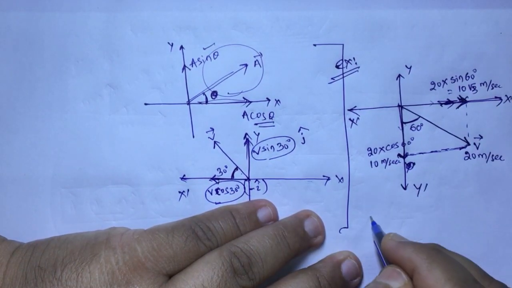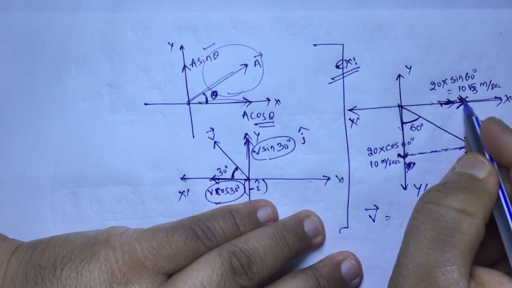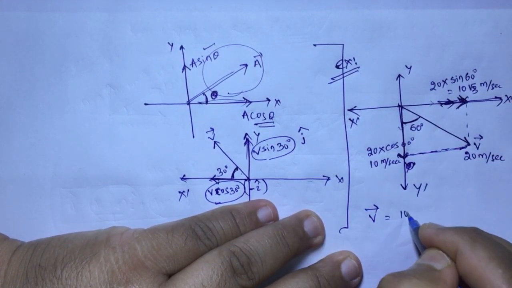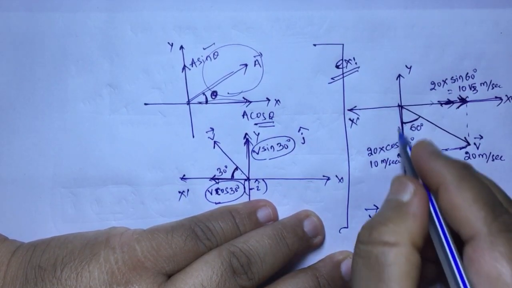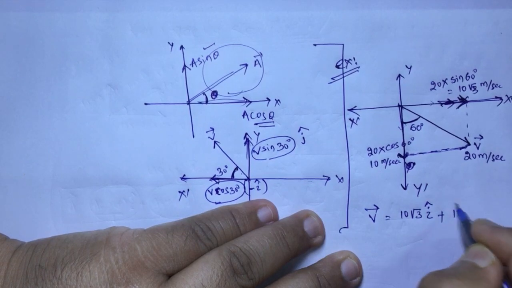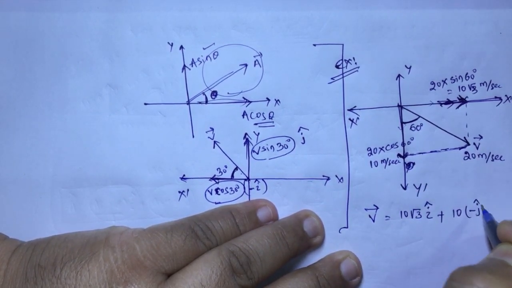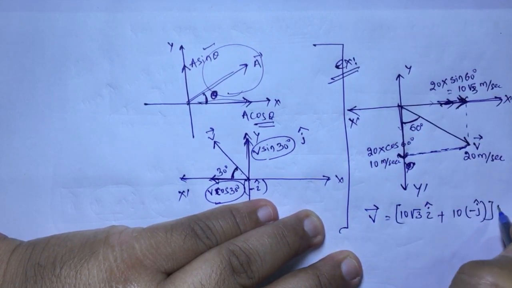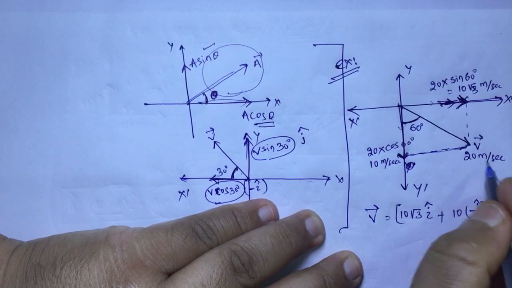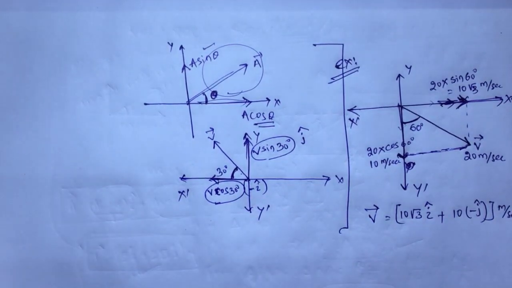So if I write v vector in mathematical form, it will be v vector equal to, along x axis how much? 10 root 3 I cap, plus along this direction 10, and the direction is minus j cap, because it is along the minus y axis, and in bracket you can write meter per second because the unit was meter per second.